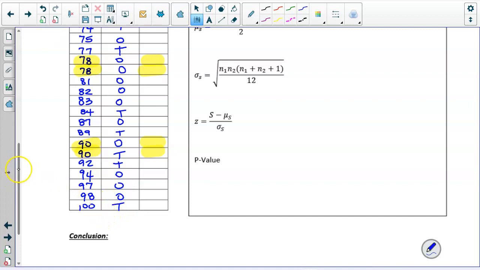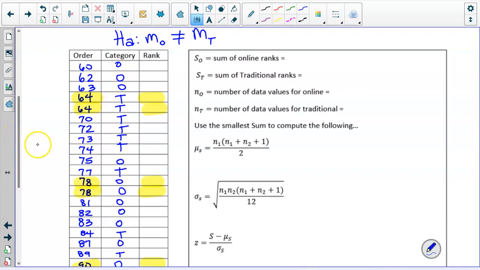Alright, so the way that we rank it is we can go ahead and rank these based on the order, but anytime you have it highlighted, they're going to be the same rank. Okay?